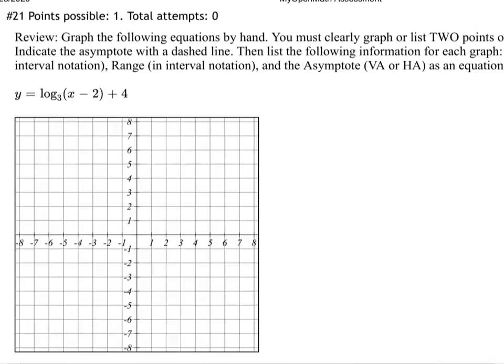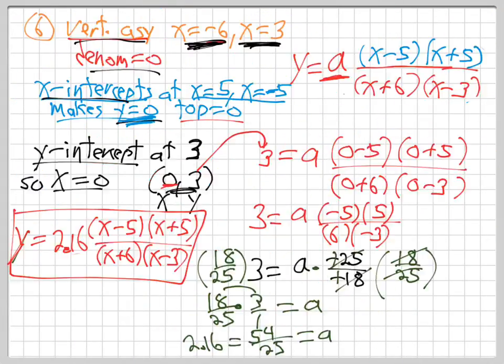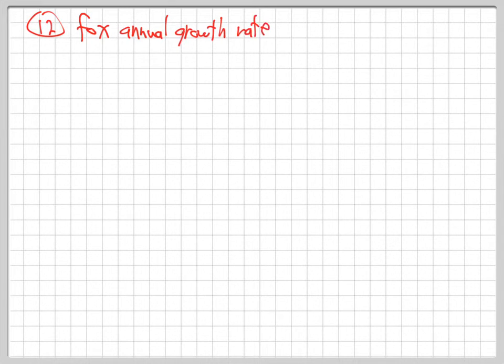Okay, so let me go back where we have some room to work again, and I'll work it out here. So number 12, I'll give you the relevant facts. The fox population annual growth rate is 6% per year.